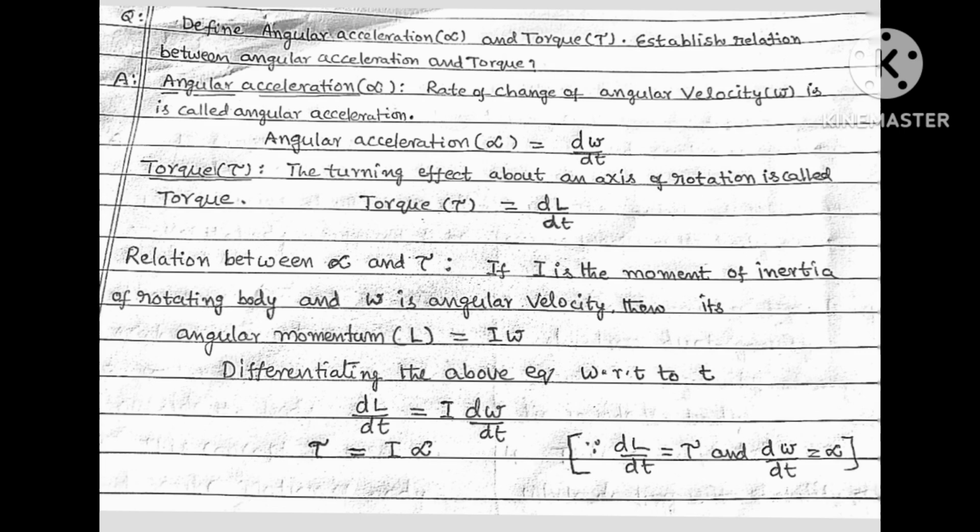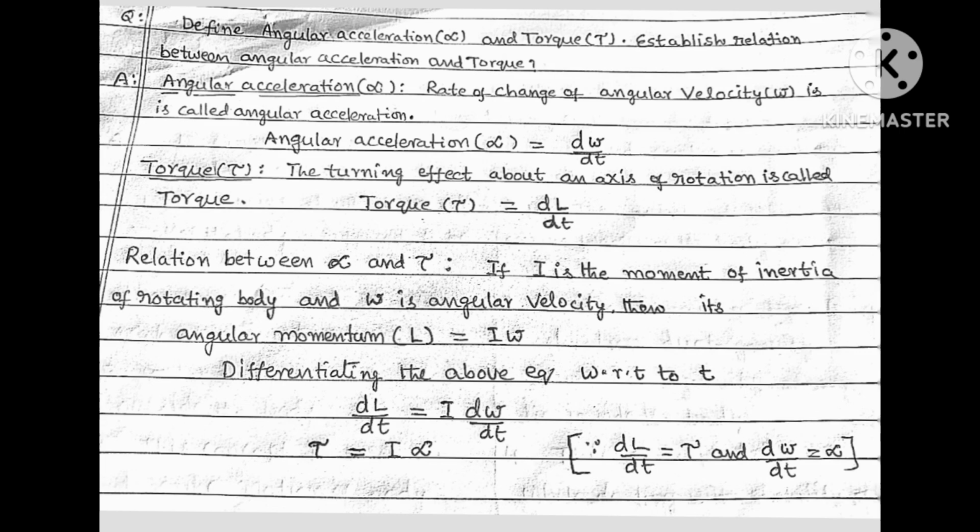The next question we are going to discuss is: define angular acceleration and torque. Establish relation between angular acceleration and torque. Angular acceleration alpha: rate of change of angular velocity is called angular acceleration. Angular acceleration alpha equal to d omega by dt.